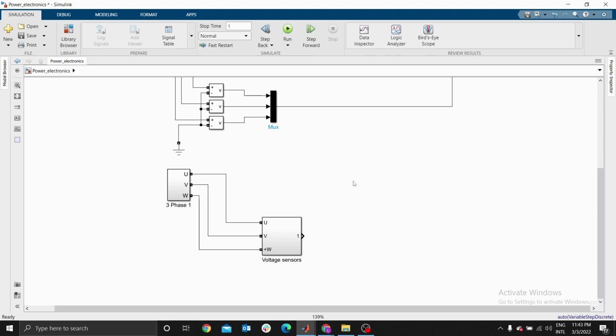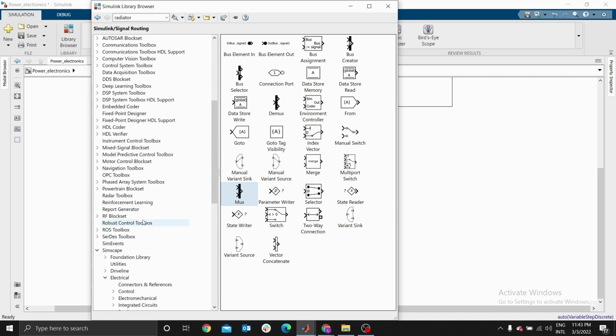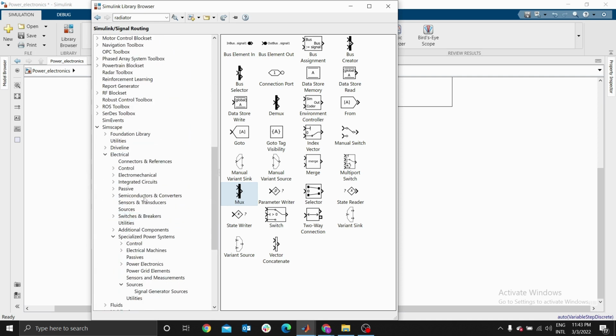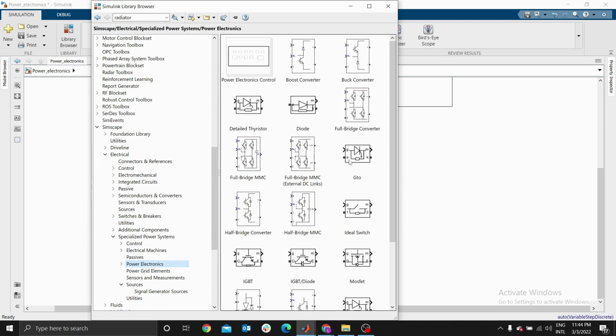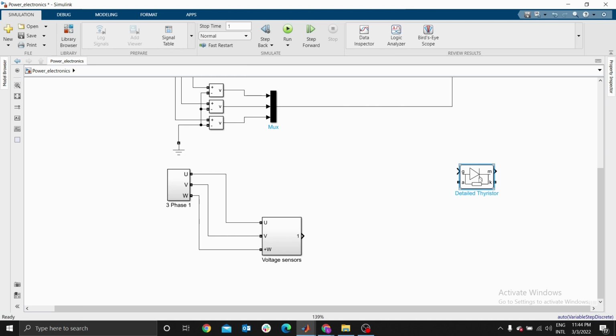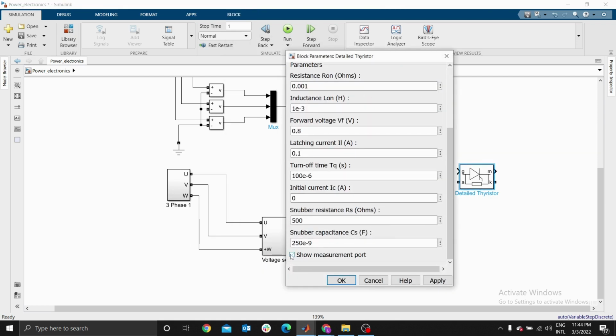Then we need Thyristors. You go back to library. You go to Simscape Electrical, Specialized Power Systems, Power Electronics. Then I take Thyristor, rotate it. It's okay. We don't need a measuring pot.